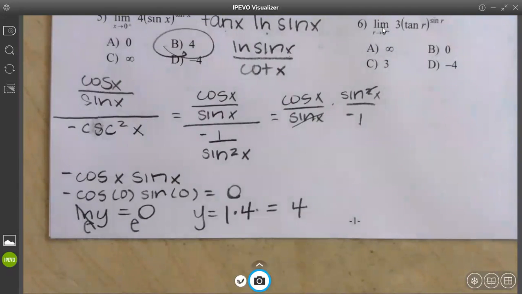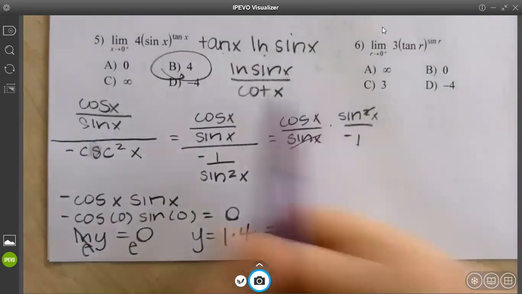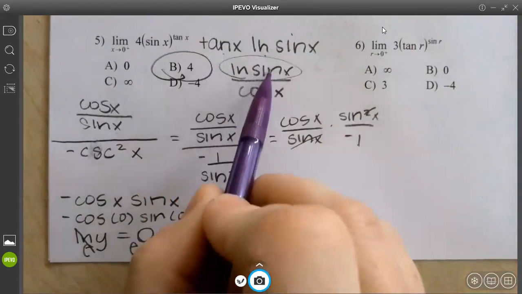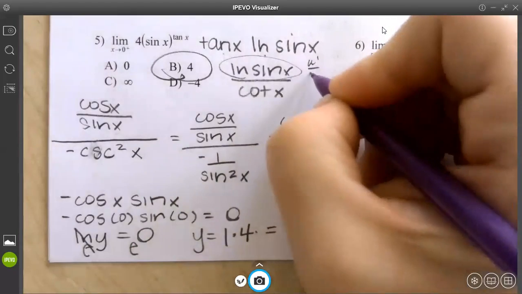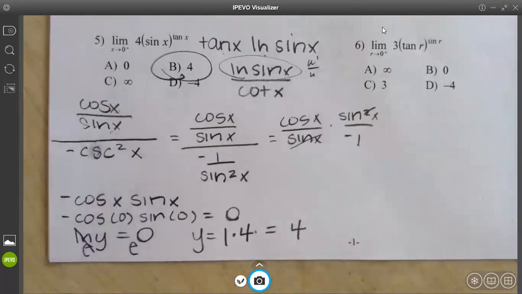Where does the cosine x over sine x go? Put it right here. What's your derivative of this? Remember, it's u prime over u. So sine is cosine and then over your sine. It's all right. Sometimes I look at it and forget the ln's there too.